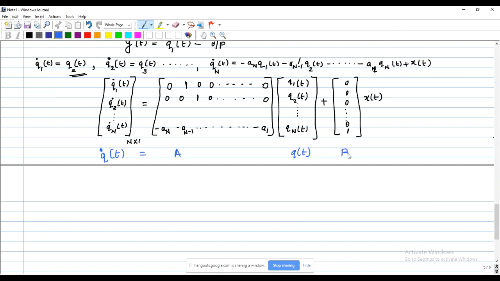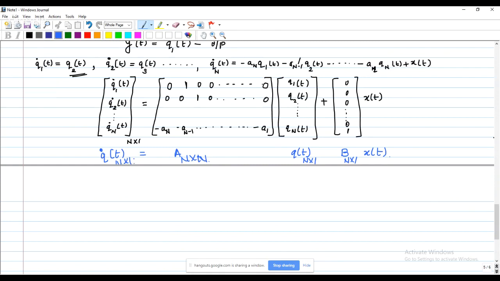And I call this matrix B matrix, and I have this as x of t. Now, A is having n cross n elements, B is having n cross 1 element, Q is having n cross 1 element, and Q dot t is also having n cross 1 element. This is how the complete matrix will look like.